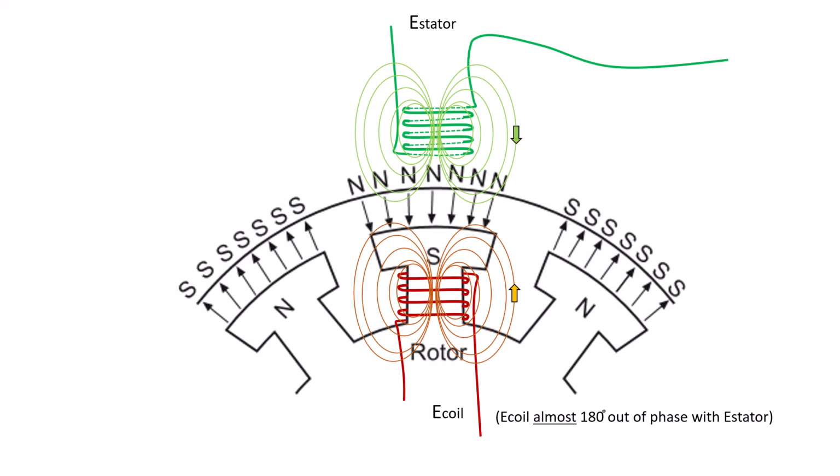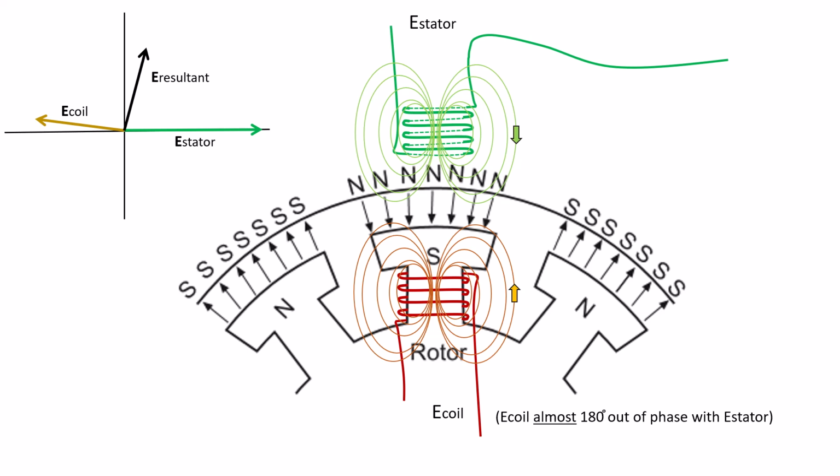And this is important because it means that the total resultant voltage between these two interactions is going to be less than either one of the two.